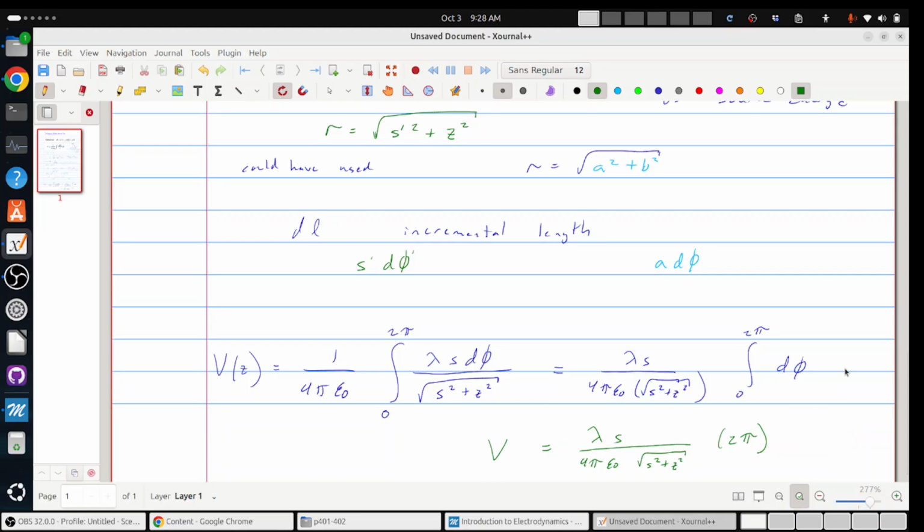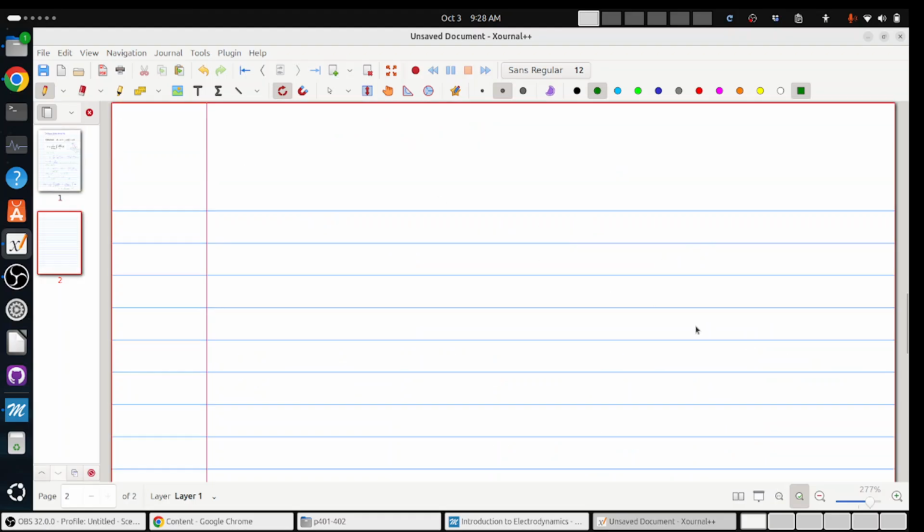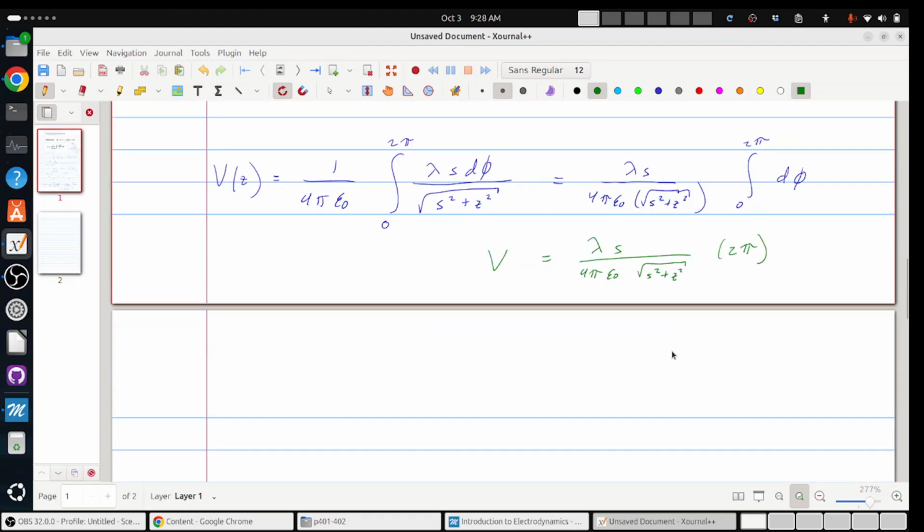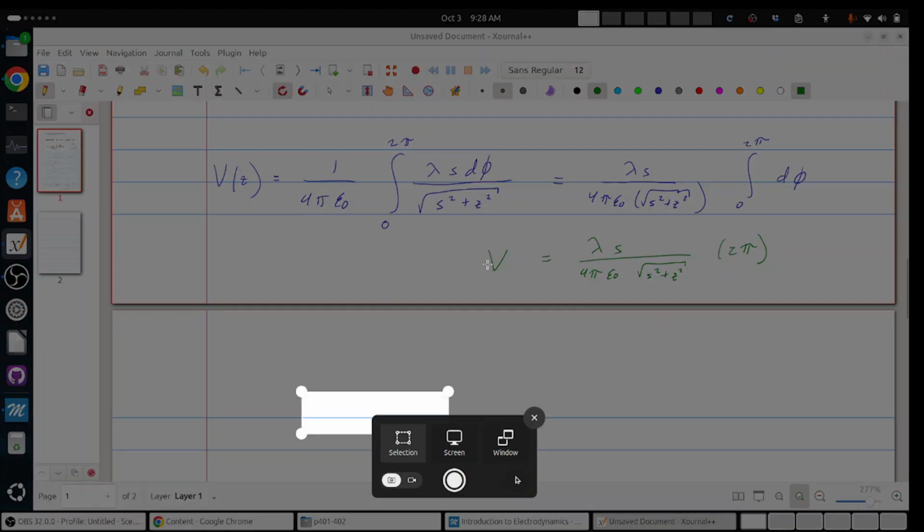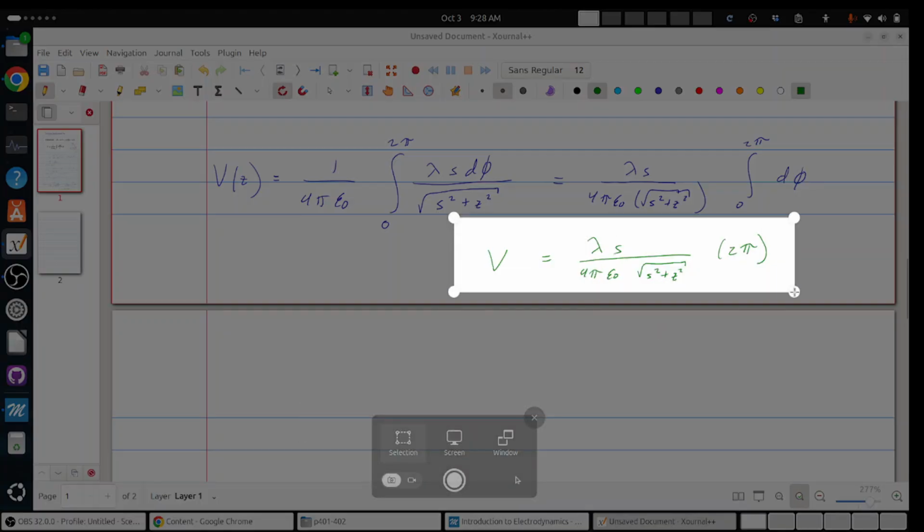Now I'm going to carry this down onto a second page because again we want to use our idea of some of the limits and special cases just to double check what we've got going on.